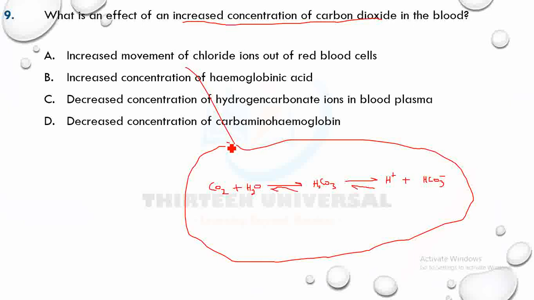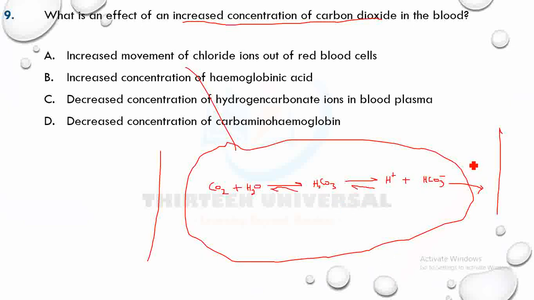But you see, once this happens, this guy will move out, the hydrogen carbonate ion, because it's transported in the plasma. Let's assume that this is the wall of the capillary. So this is plasma. Here is plasma, but inside is the red blood cell.